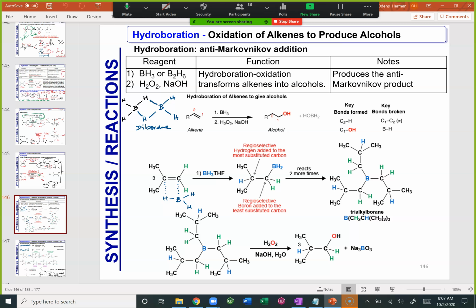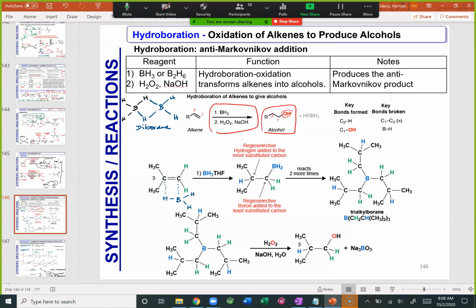Hydroboration. I don't expect you to know the mechanism for hydroboration. Usually we study this in advanced OCHEM. You guys are starting OCHEM, so I cannot expect you to know this. However, I do expect you to know the reagents that you need and the final product that you make, with that oxygen always being on the least substituted carbon.